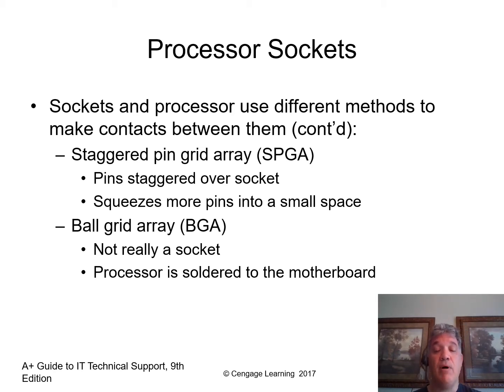And then BGA, ball grid array, is not a socket at all, at least according to this author. The processor is soldered to the motherboard. That's normally reserved for chipsets these days. So you might have your networking chipset or perhaps an audio chipset soldered to the motherboard, but the primary CPU or CPUs, if you've got a multi-CPU system, would not be.